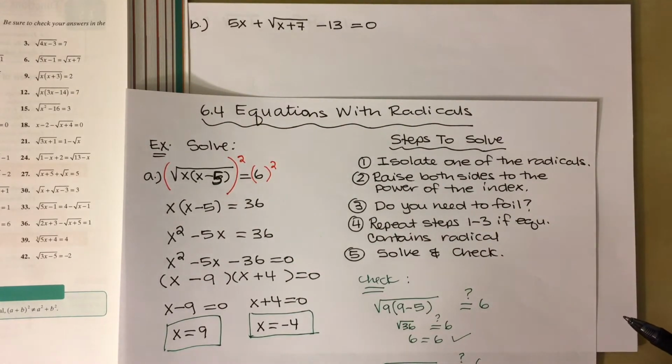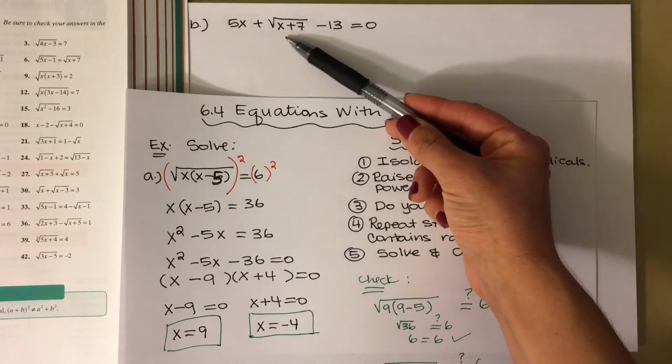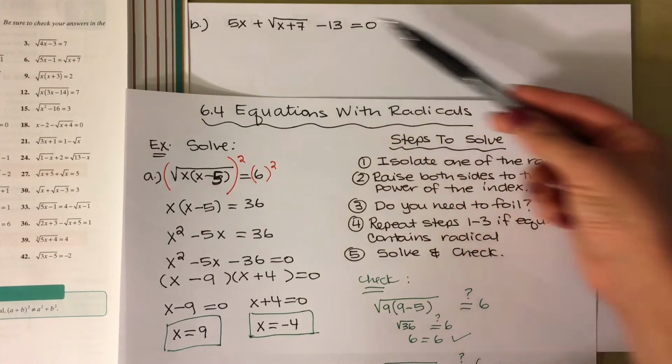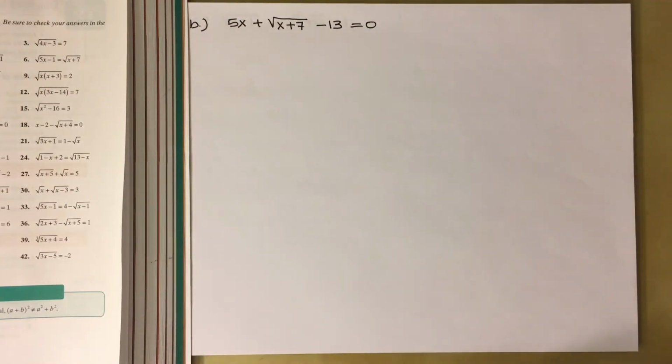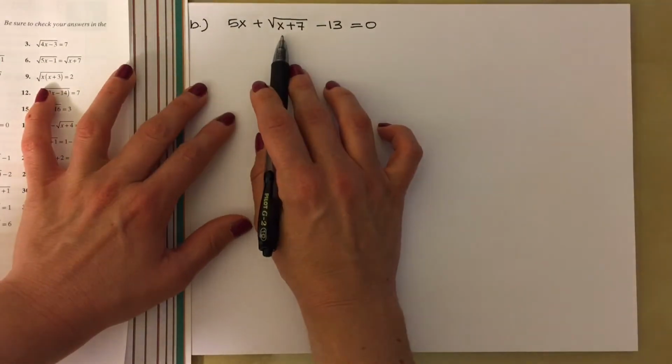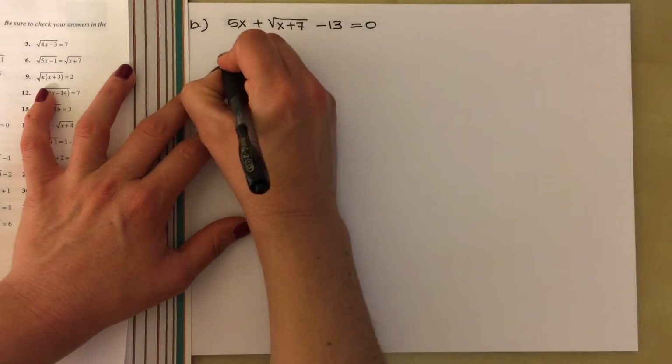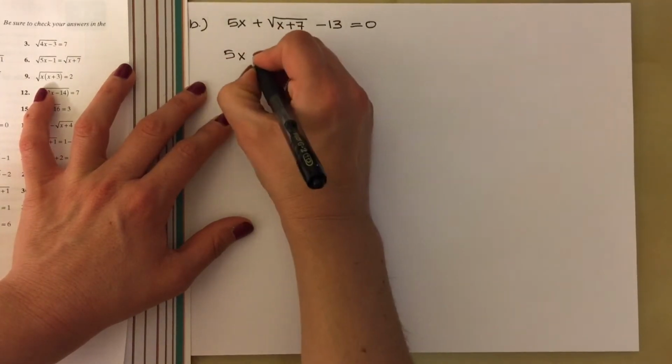Or you can also just subtract this radical and move it to the other side. Let's do that. I think it's simpler. So just subtract this square root from both sides.